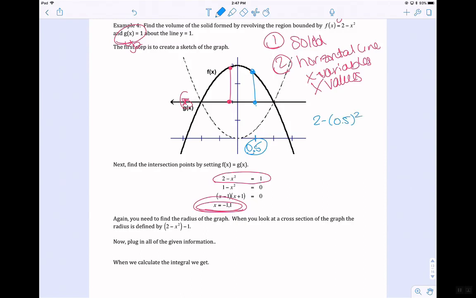And then I would subtract off 3, because the distance between this coordinate point and the x-axis is 3. So I would take my f of x equation and subtract off g of x. This would give me the radius at any value of x.